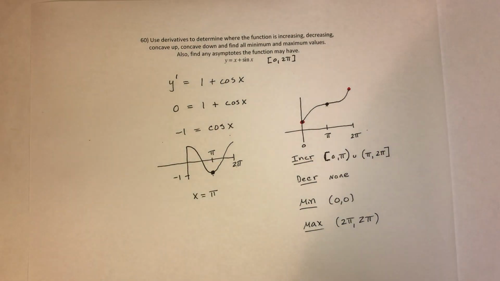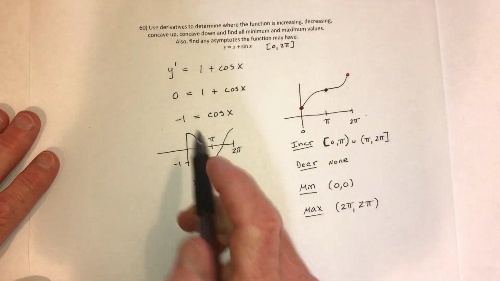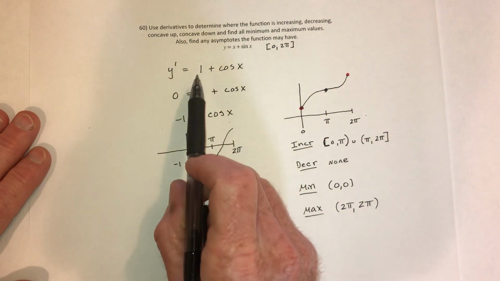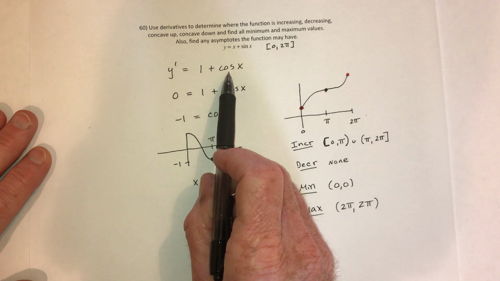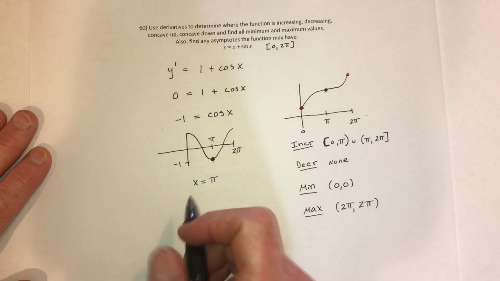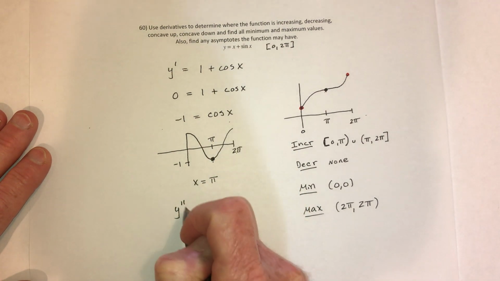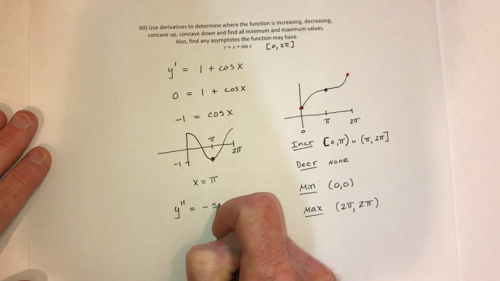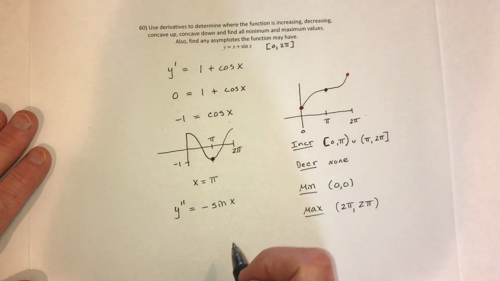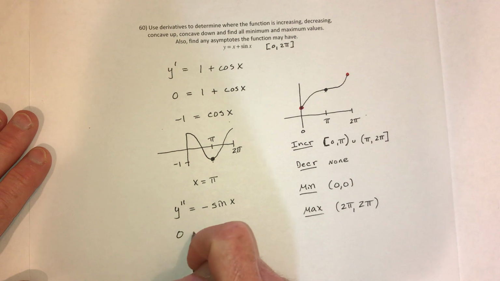Okay, now we're done with the first derivative. For the second derivative, so take the derivative of the derivative. This will be 0. Derivative of this is going to be negative sine. So the second derivative is equal to negative sine of x. Then set that equal to 0.